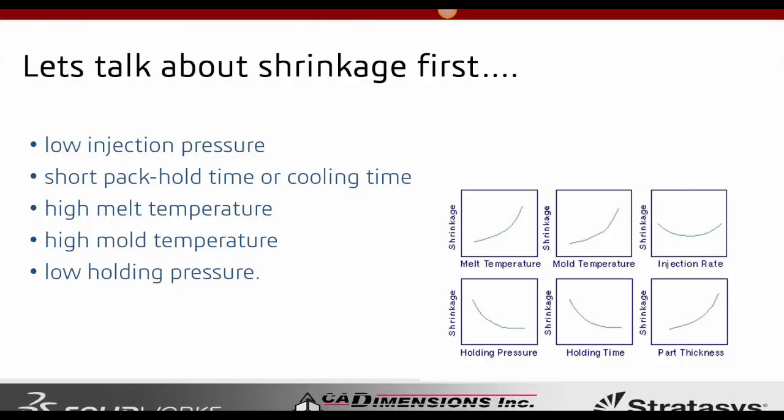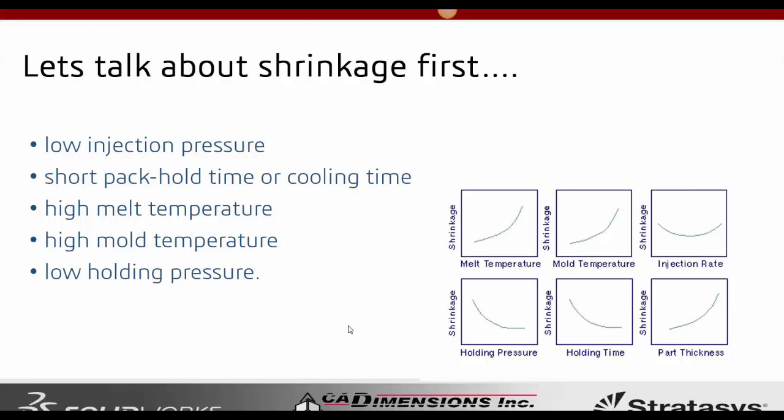And there are many different reasons why your part can shrink, such as low injection pressure, short pack hold time or cooling time, high melt temperature, high mold temperature, or low holding pressure.